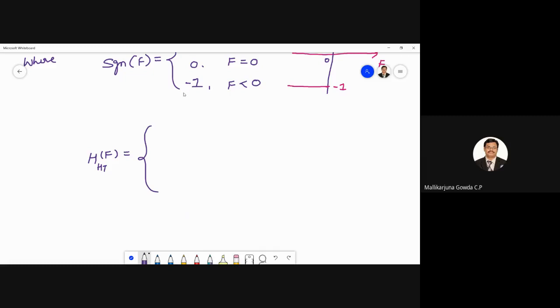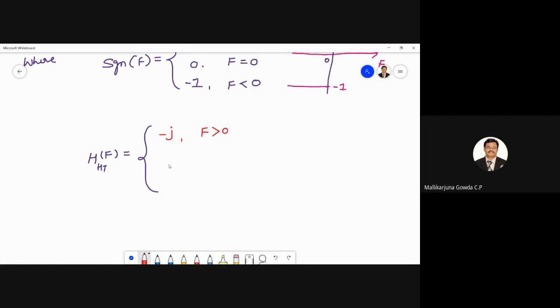Signum of f is 1 for f greater than 0, multiplied by minus j, so it is minus j for f greater than 0.